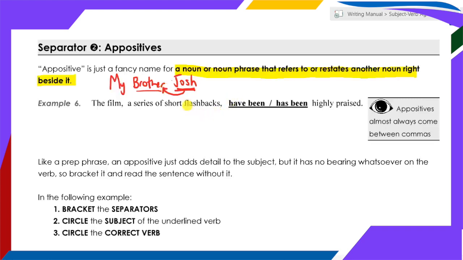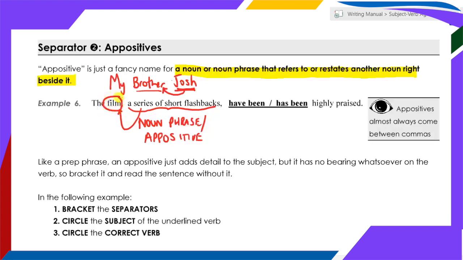On the SAT, how will appositives look? Well, they'll look like this. So notice that in this sentence, the film, a series of short flashbacks, blank, highly praised. So what we have is we have this little noun phrase that is also an appositive, because it is simply renaming or describing or adding detail to the film, which actually is the subject of our sentence.